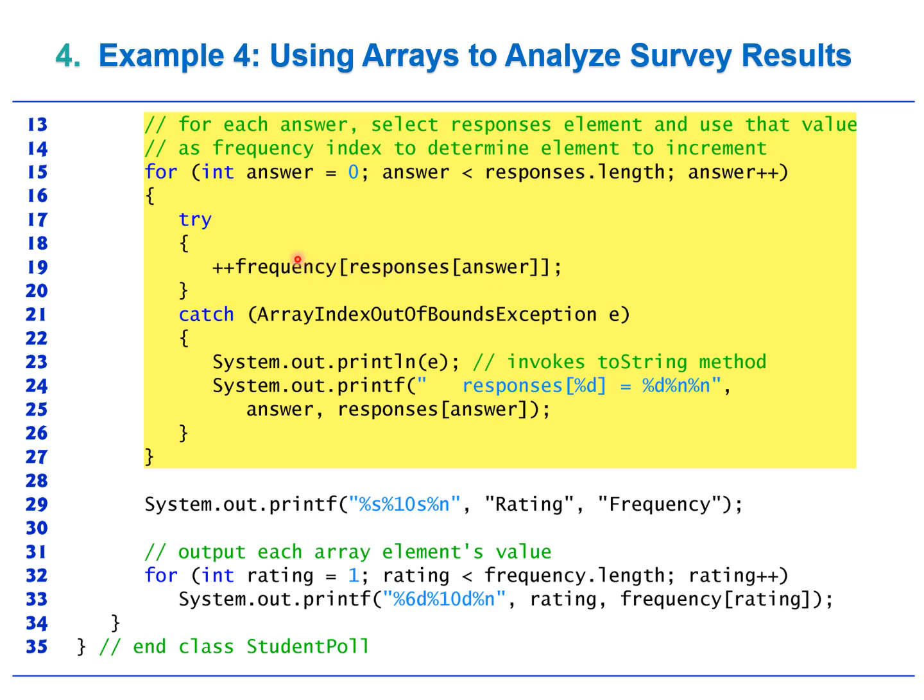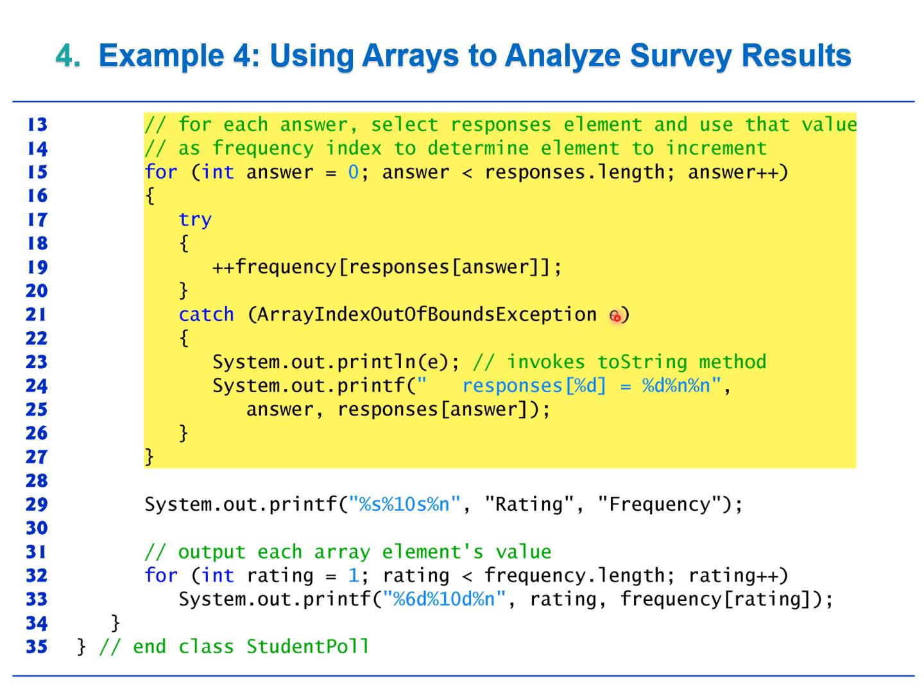This potentially throws an array index out of bounds exception, which happens when the index provided by responses answer is not within the valid index range of the array frequency. So there's a catch block that handles this exception by displaying the error message of this exception.